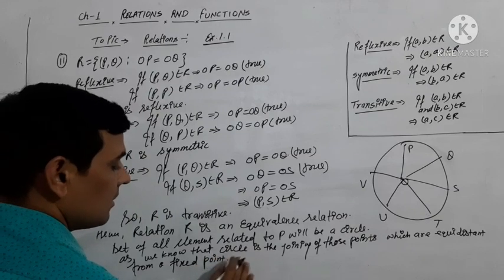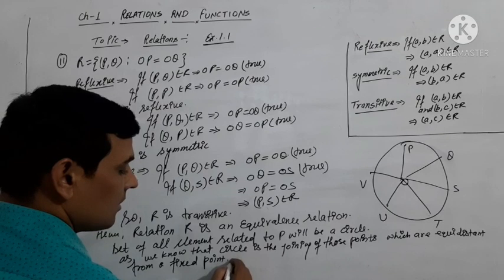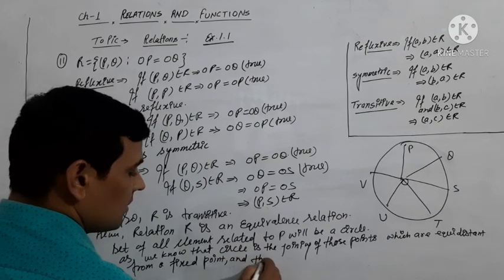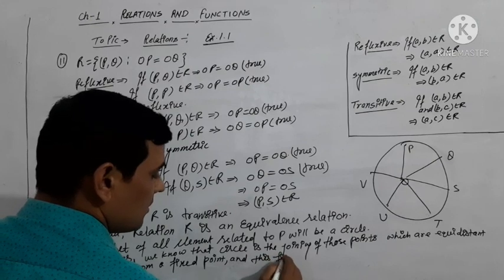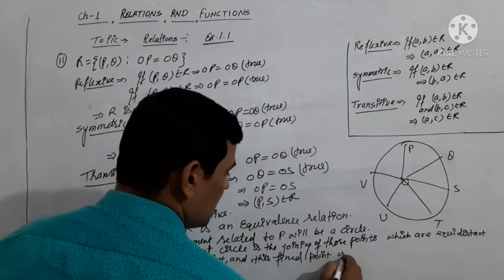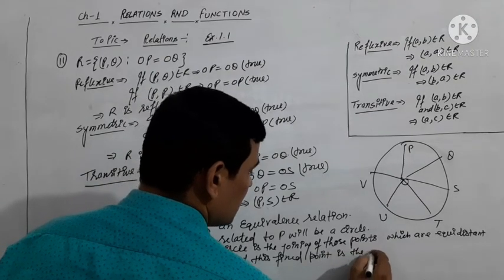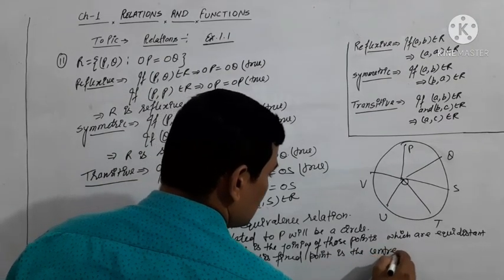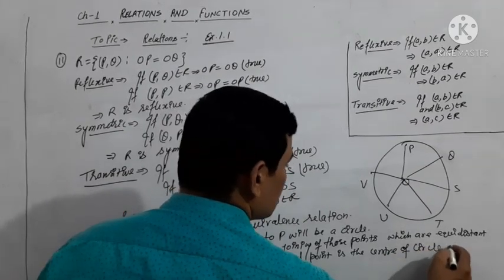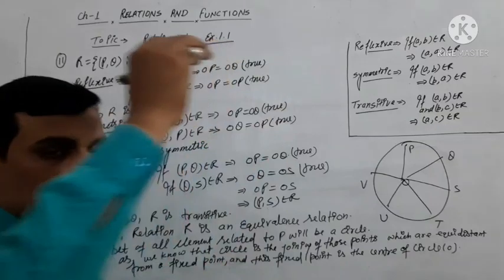And this fixed point is the center of the circle, which is O. Clear?